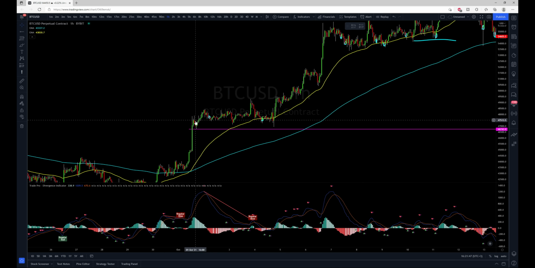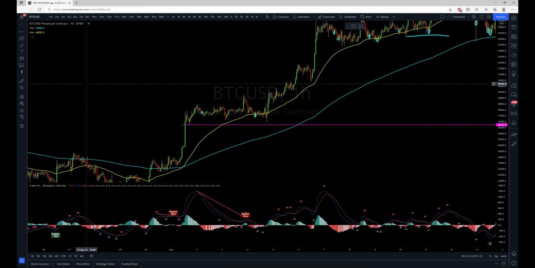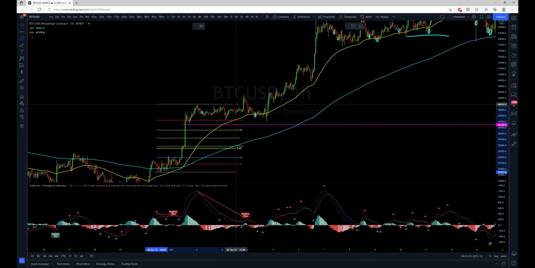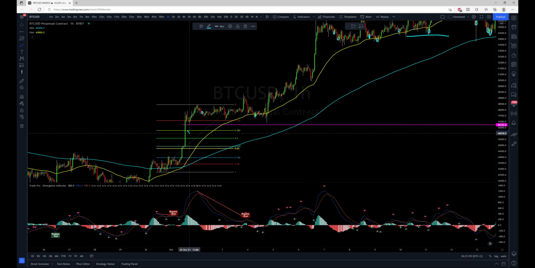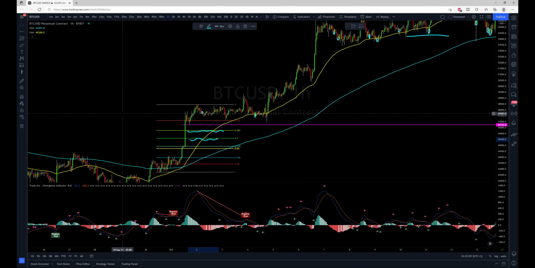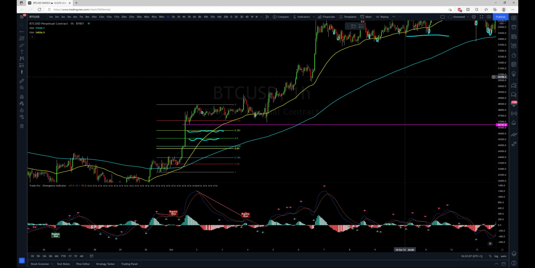So for this instance, you can go below this low right here, or you can utilize a Fibonacci retracement even. So, you can pull a Fib retracement and say, all right, below the 0.382 retracement of the hourly time frame, below the 0.5 retracement of the hourly time frame.